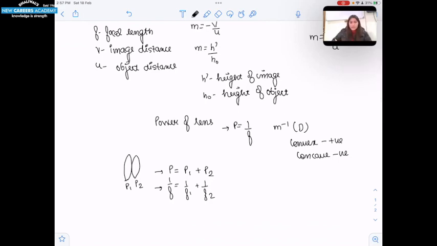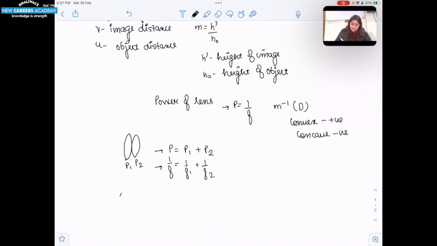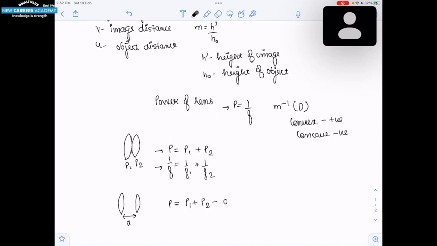Next formula, if we are given two thin lenses, and they are separated by some distance d, then their combined power is P1 plus P2 minus d P1 into P2.